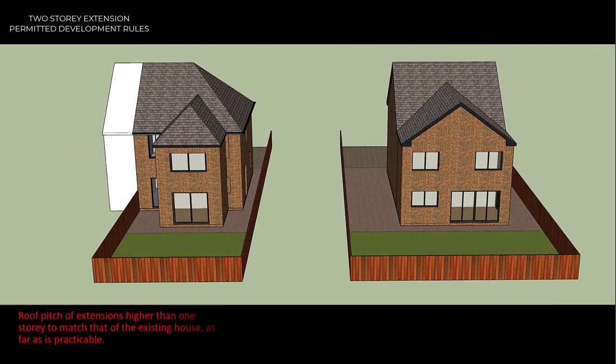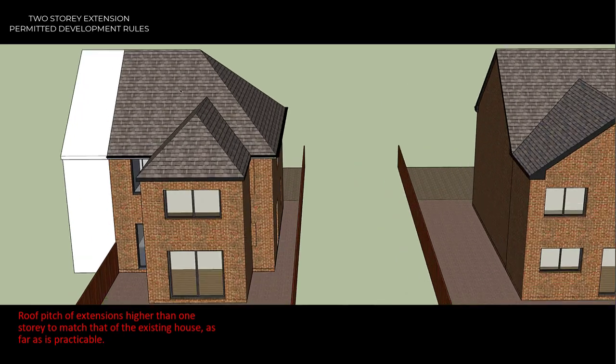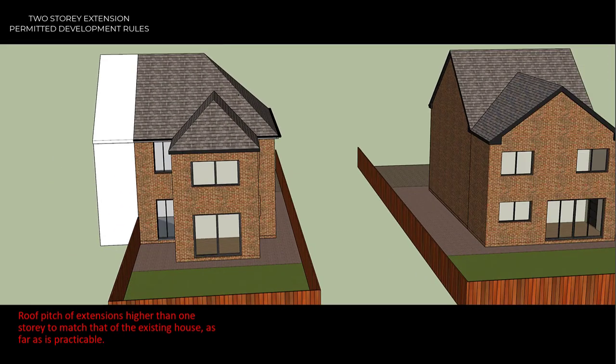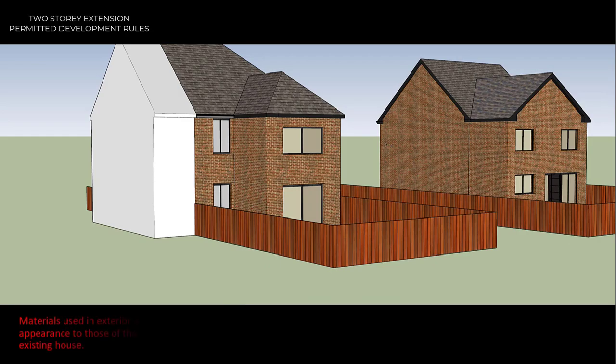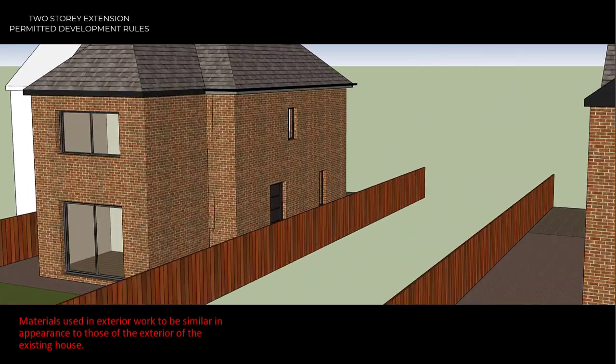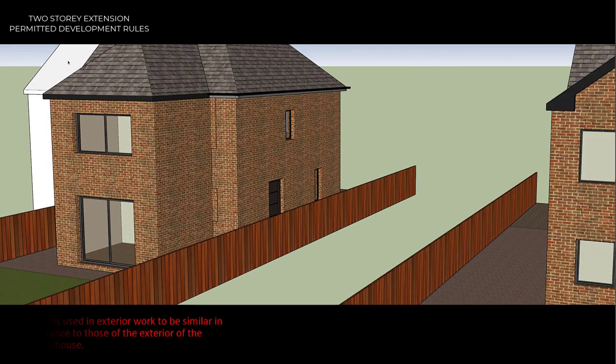In respect of the roof, the extension should be no higher than the original, and it should match the same shape and pitch as the original house as close as practicable. The materials of the extension should match the materials of the original house.